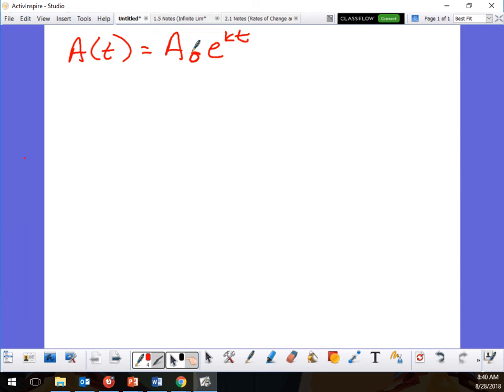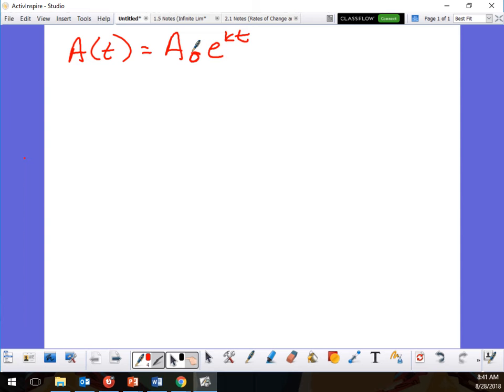Where k is your rate of decay or increase. A sub naught, not as in "sub knot" or "none," but as in zero. I don't think I've ever actually seen it written out, so I'm asking because if I hear it again, I don't want to think it's something else.